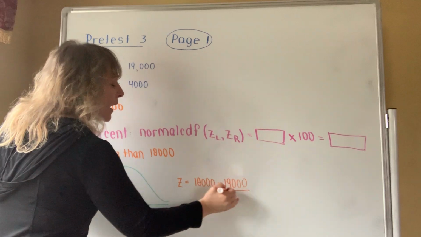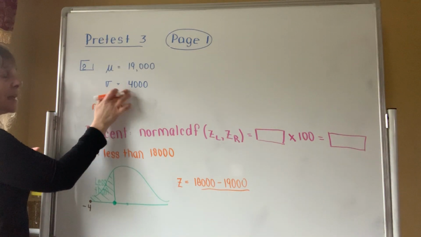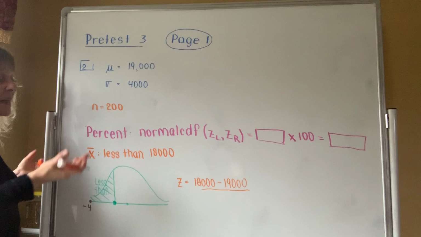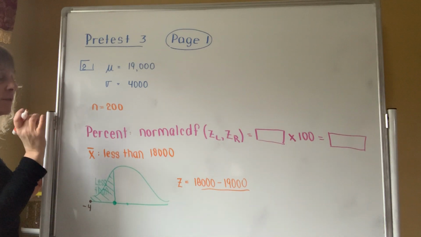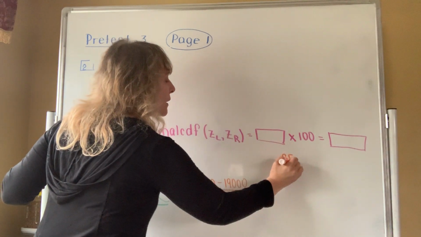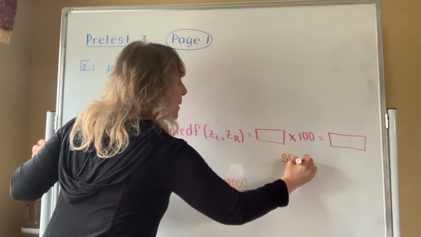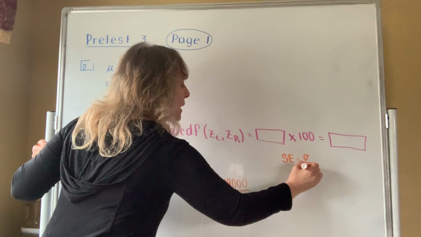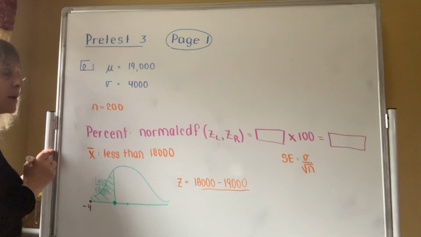But you can't just divide it by the study's population standard deviation, because this sample might not even come from it. So you have to figure out the standard error. When you figure out the standard error, the formula is always the population standard deviation divided by the square root of the sample size.